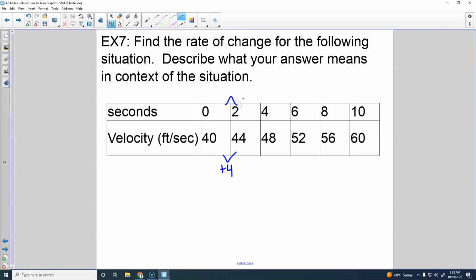And then adding 2. So my change in Y over my change in X. What would the change in Y be, Aiden? No. Top line is X, bottom line is Y. 4 over 2. What's it mean?